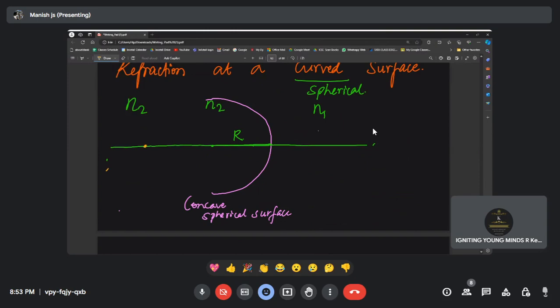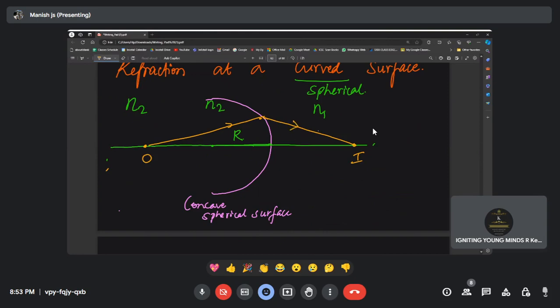If you have an object here, the light rays from the object are going to hit the spherical surface, and from there get refracted. You know that it is going to travel from denser to rarer medium, so it is going to bend away from the normal. Finally, an image is going to be formed. So, object and image. We have drawn a basic rough diagram.